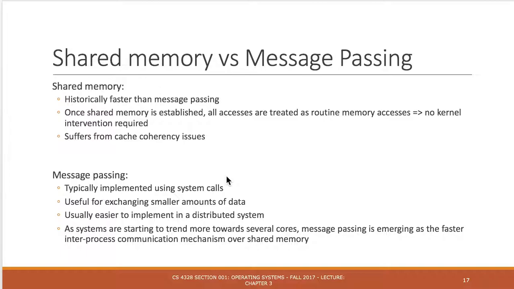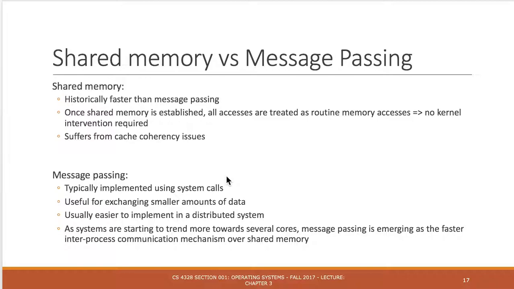Remember, we were talking about overhead generally, and definitely in the context of shared memory, that is one clear benefit. There is a significant disadvantage, however, with shared memory, and that comes in the form of cache coherency issues.